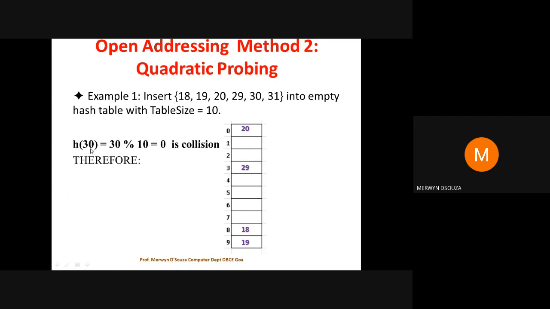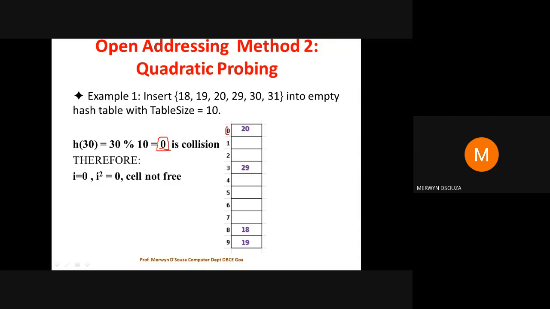You take the next value 30. 30 mod 10 equal to 0 is a collision. Therefore, you apply quadratic probing. So you start with I equal to 0. So now where's your 0? It is where your collision occurred. Collision occurred at this index 0.